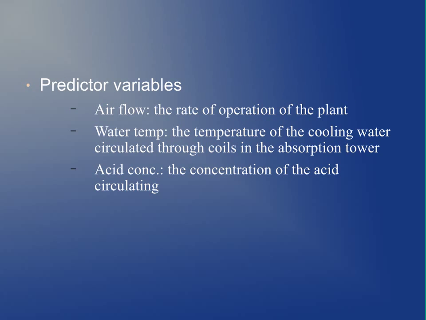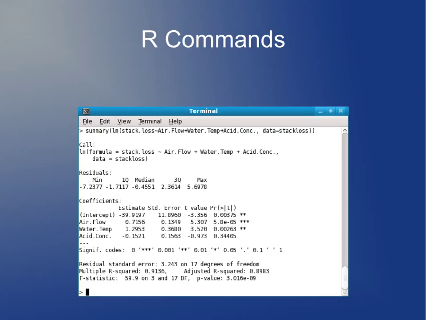There are three predictor variables in this model: airflow, which is the rate of operation of the plant, the water temperature, which is the temperature of the cooling water circulated through the coils in the absorption tower, and acid concentration, which is the concentration of the acid. To fit this model in R, you use the lm command.